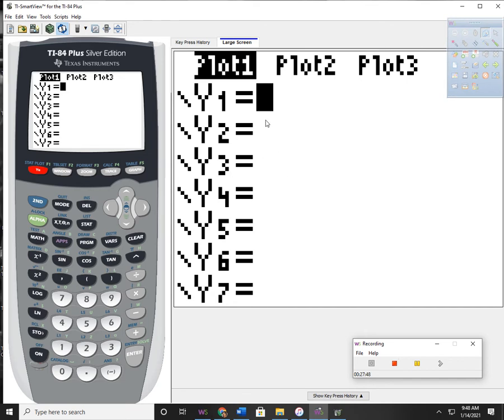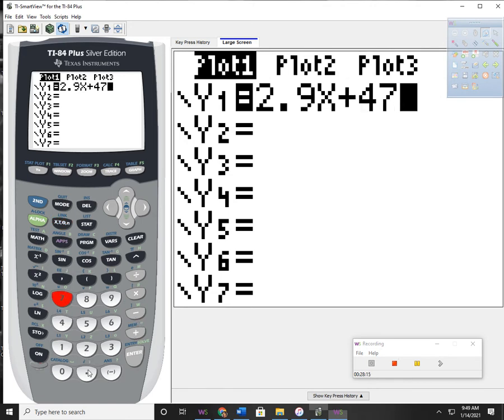So we're going to type in 2.9x, so I'm going to do the 2.9, and then to get an x, you see this button that's right next to this alpha button, that's your x button, so push the x, plus 47.9.